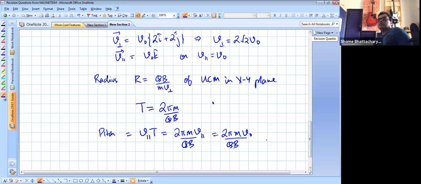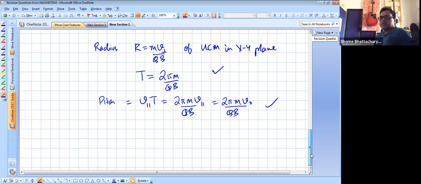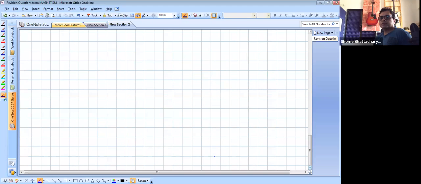So these are the various important parameters. So this will be inverse of this. Right. So now let us understand this thing geometrically first.